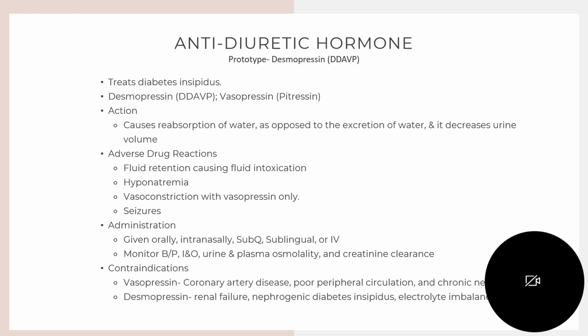Vasopressin is actually what is given in emergencies, and it is a severe vasoconstrictor. Okay, it also can cause seizures. So it can be given orally, intranasally, sub-Q, sublingual, or IV.